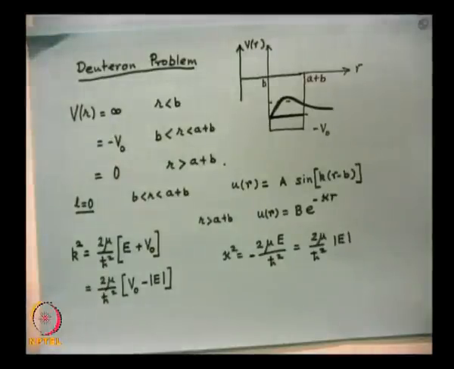So, we have solved the fundamental problem in nuclear physics. What is the simplest atom in atomic physics? That is the hydrogen atom or hydrogen-like atom, which consists of only one electron. We have solved that hydrogen atom problem, and the fundamental problem in nuclear physics is the deuteron problem. The hydrogen nucleus consists of just one proton, and the deuterium nucleus consists of one proton and one neutron.